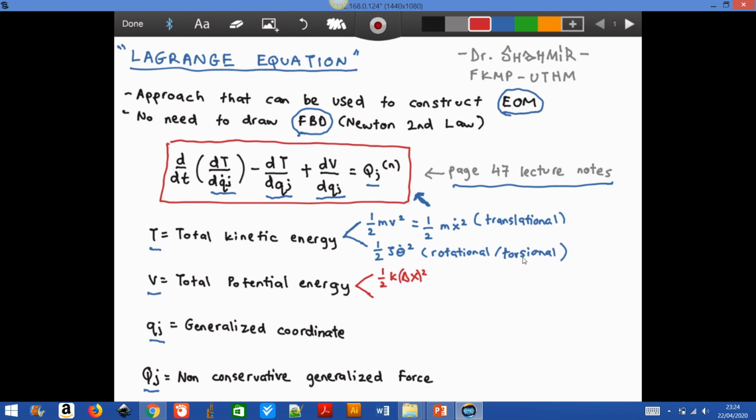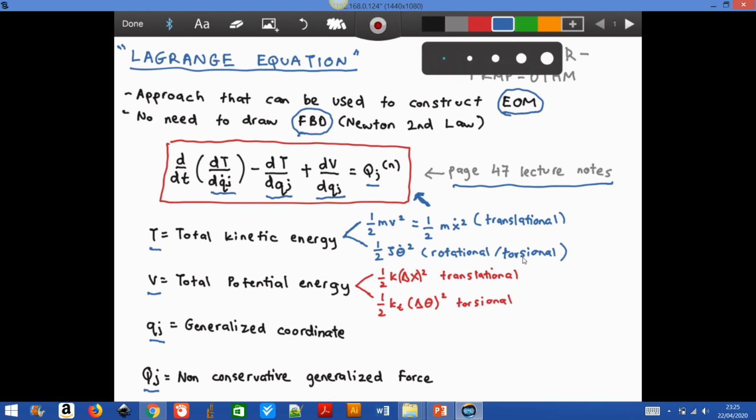So this is the case for translational vibration. And for rotational vibration, it will be half kt, which is the torsional stiffness, delta theta squared. This is for torsional. So far it's very simple, right?